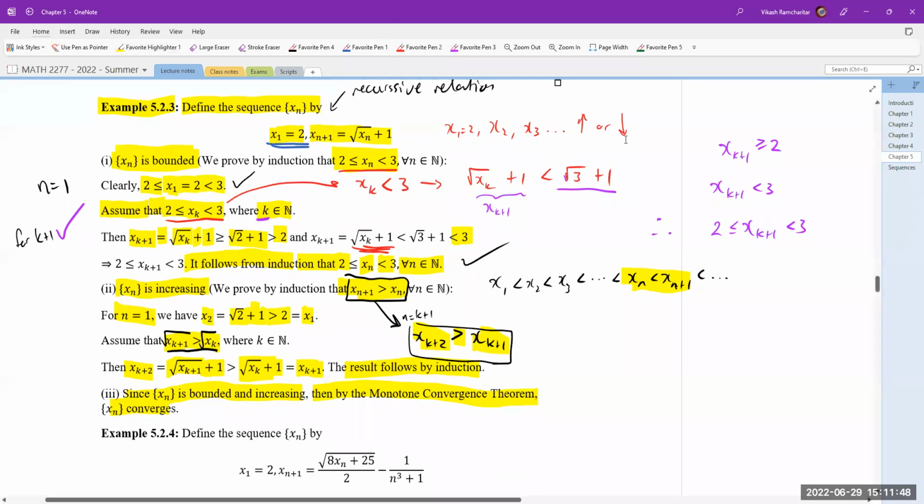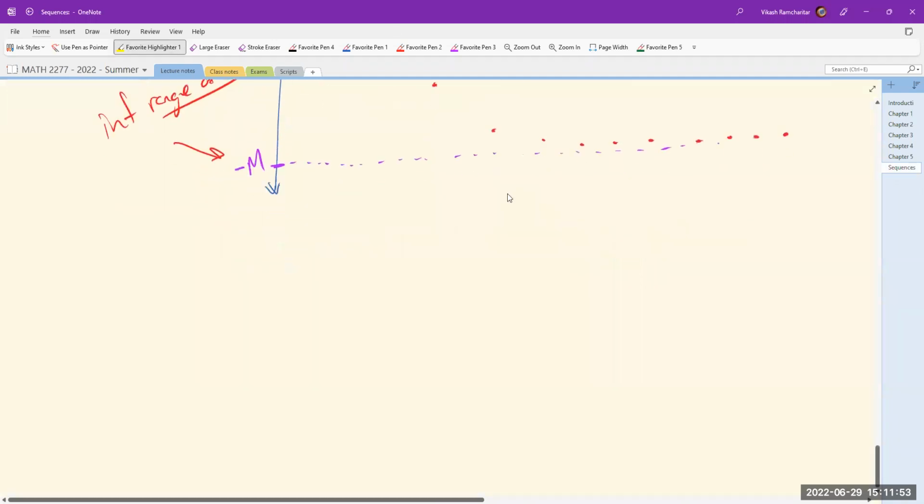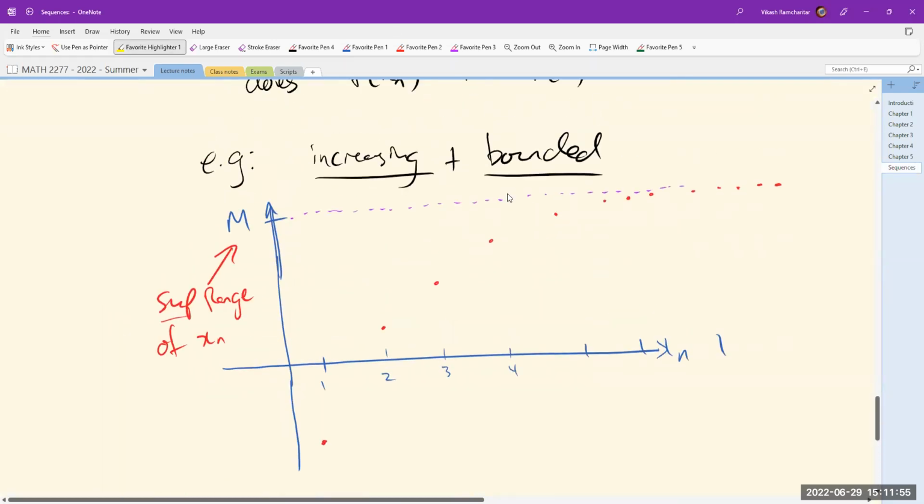So let me just talk about that for a bit. We have the graphs over here. If it's increasing and bounded, it's going to converge to this number here. You see the points. These are the terms in your sequence. They're increasing, but the sequence is bounded.